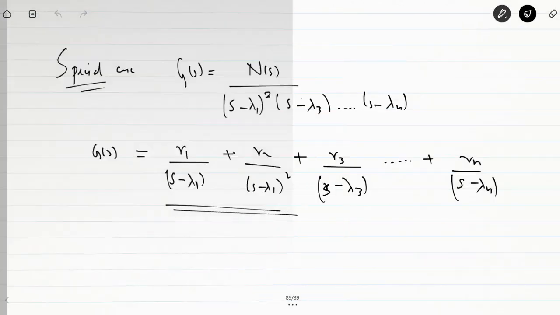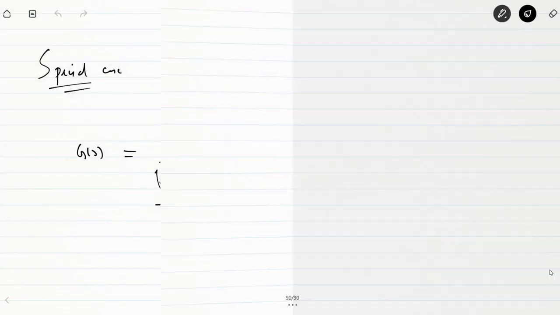Let me redraw it. So you have this system now. Now you have to draw the model. You have to draw the block diagram of this particular model. So Y of s is equal to beta naught U of s.